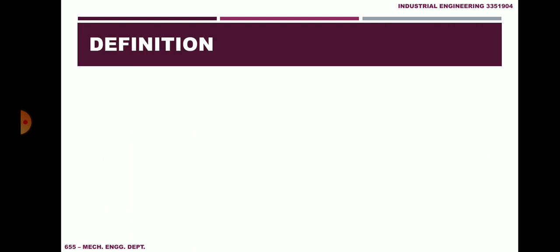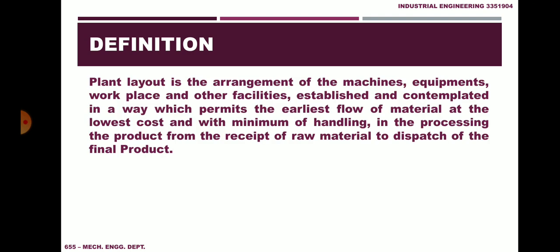So what is the definition of plant layout? Plant layout is the arrangement of machines, equipment, workplace, and other facilities established and contemplated in a way which permits the earliest flow of material at the lowest cost and with minimum of handling in processing the product from the receipt of raw material to dispatch of the final product.